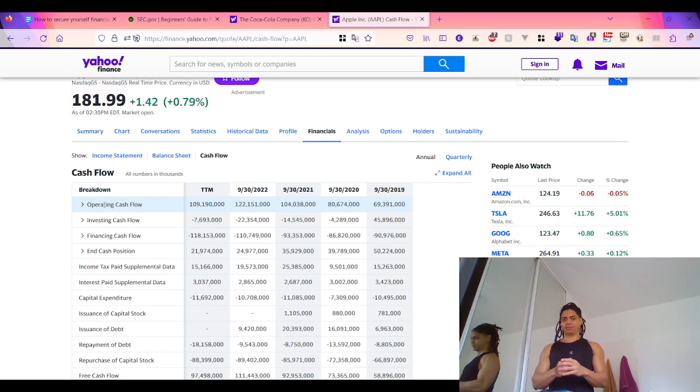Intangible assets like patents, which are exclusive rights granted to originators or inventors so they can manufacture, distribute, and sell their invention over a period of time.